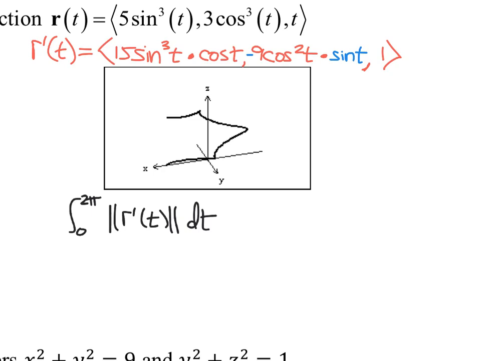So, Math 9. On the interval of 0 to 2 pi, my x component squared, so 5 sine, I'm using x, cubed.